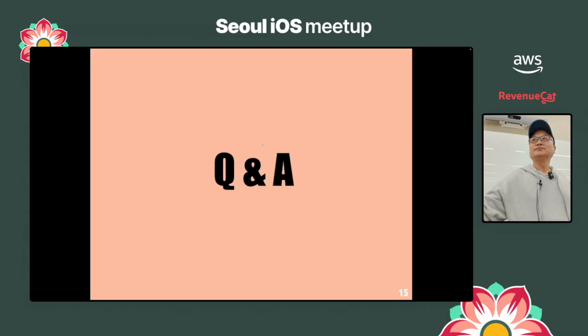Anything else? Another question? I like the Leaks. When did they add Leaks to Instruments? I honestly did not know that there is a Leaks option. I was always using all the other tools. Oh my God. Oh my gosh, I didn't know there is Leaks.